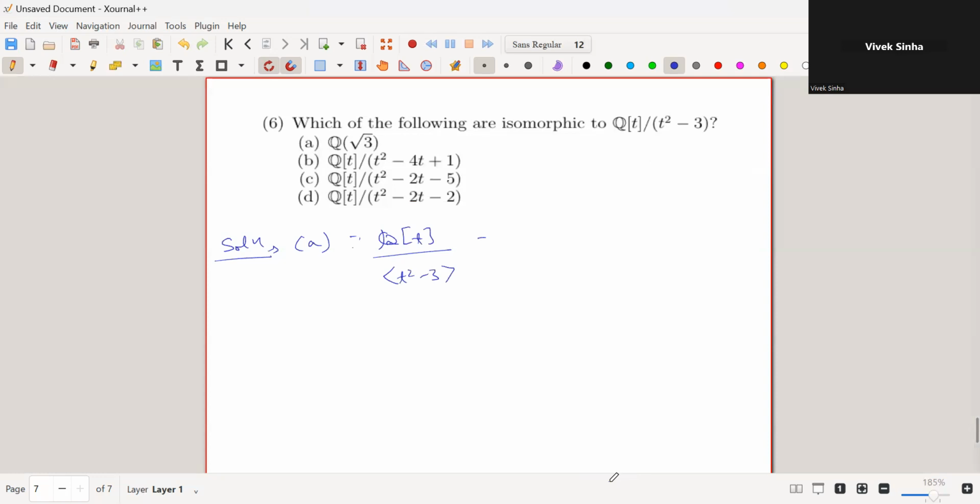So you can use the Euclid division algorithm. If you have a polynomial of degree more than 2, then you can divide by t square minus 3.